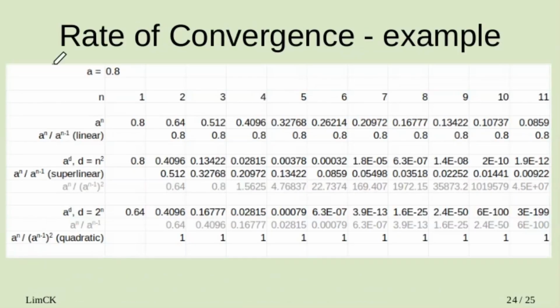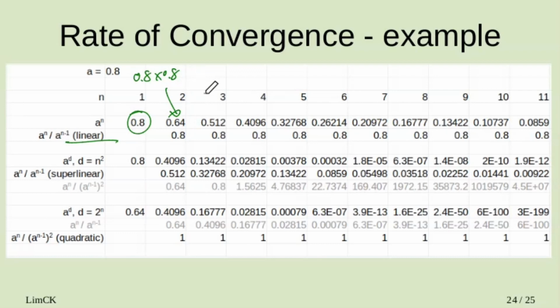For the so-called linear convergence, when we start the first iteration, if the value we get is 0.8, then after one more iteration, the second iteration, it becomes 0.64, which is equal to 0.8 times 0.8. This is the so-called linear convergence.